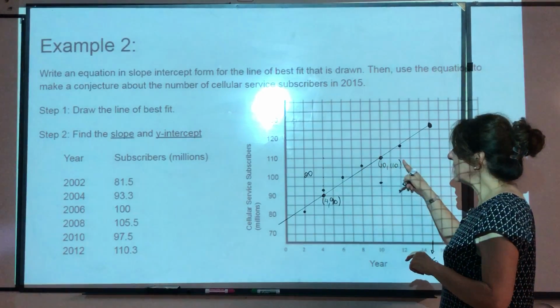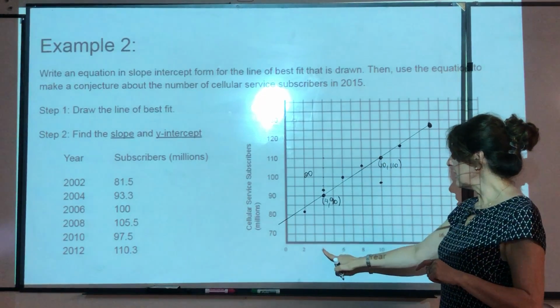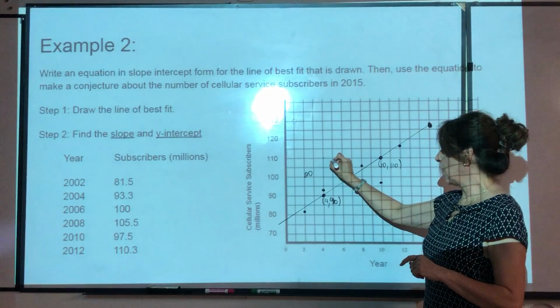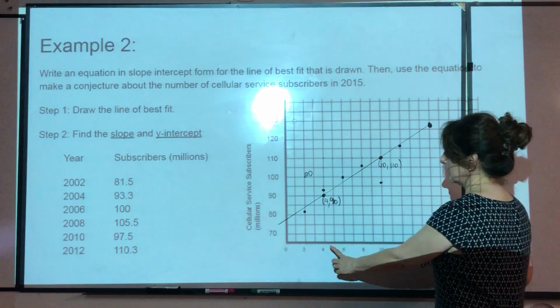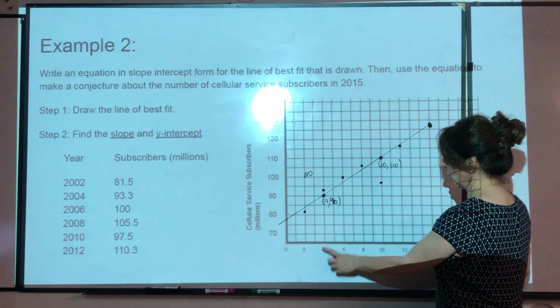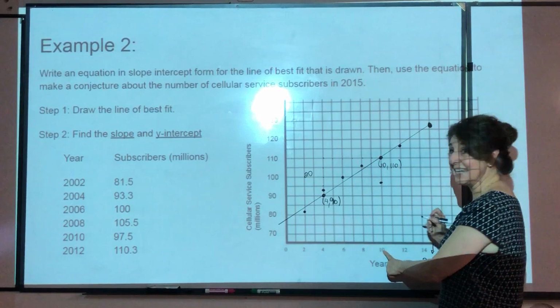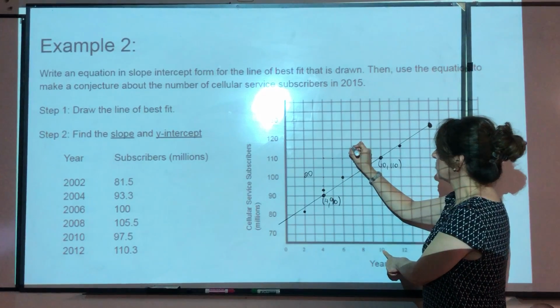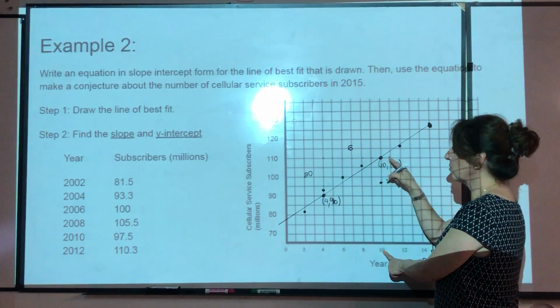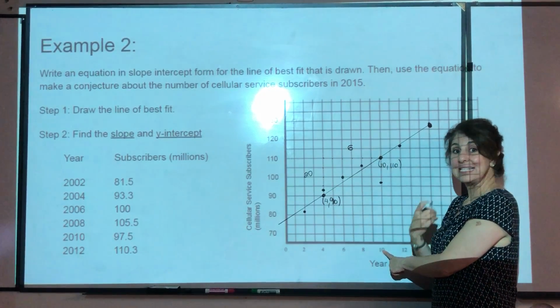And then how does it go on the run? My run goes like this. 1, 2, 3, 4, 5, 6. Because this is the year 2004 and this is the year 2010. So it's 6 years of difference. So here it went up 20, and to the run it went to the right 6.